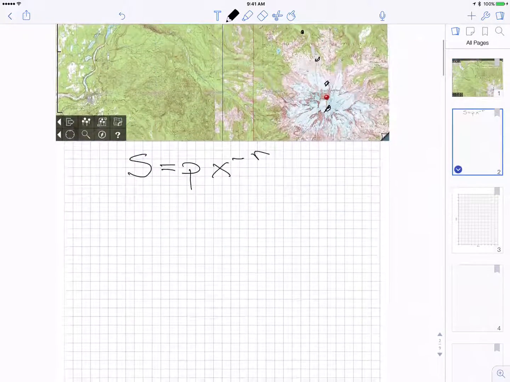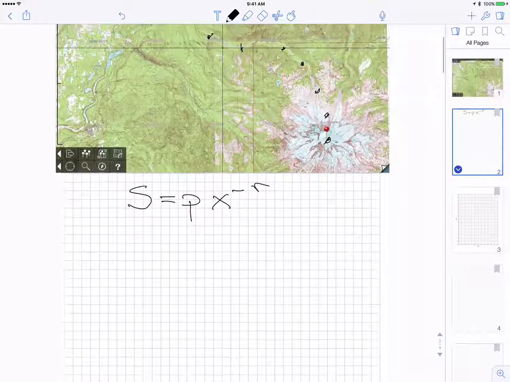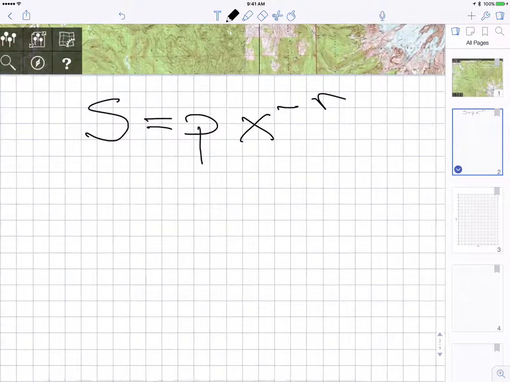And so with that information, we can take this equation, and in order to figure out p and r, we can convert this into a form that looks like a straight line, and then we can solve for the values.